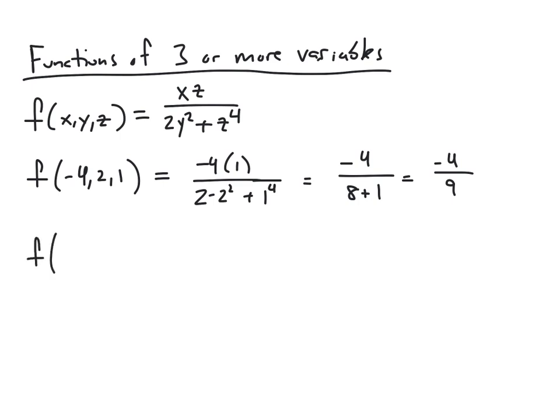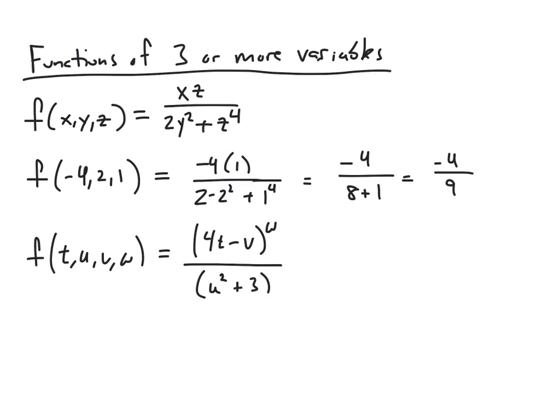So for example, if I had a function f of t, u, v, and w, and we define it as 4t minus v to the w power divided by u squared plus 3. Right? This is a function with four variables. And so we could compute f of 1, 2, 3, 1.